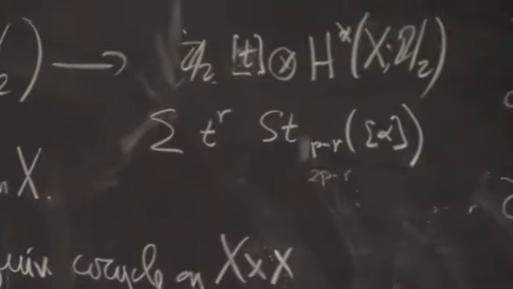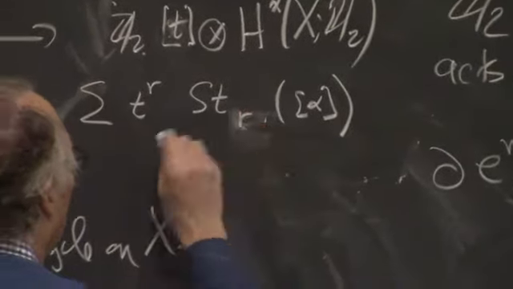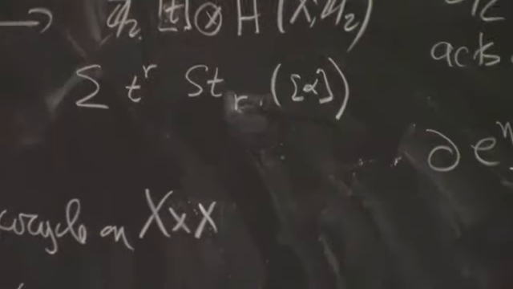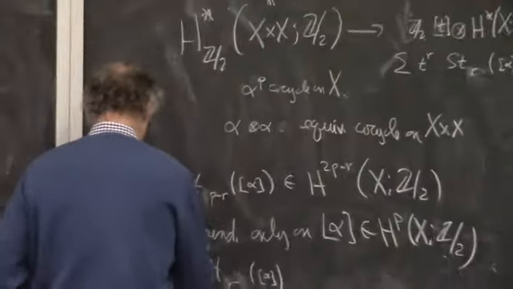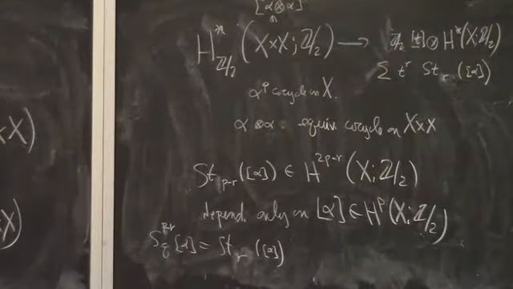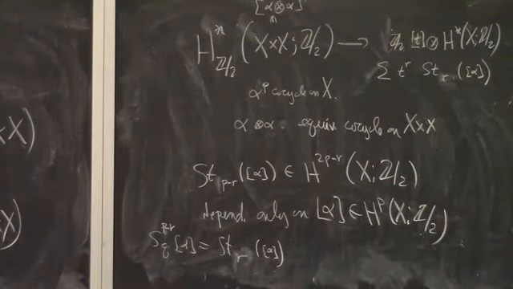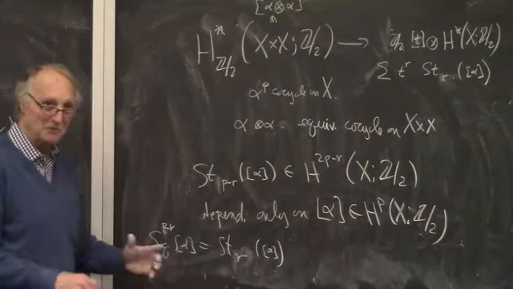So maybe I call this R, and then, because there's a flip here, p minus R. Is there a standard notation for this? Yeah. So certainly for the Steenrod squares, that's what you see.